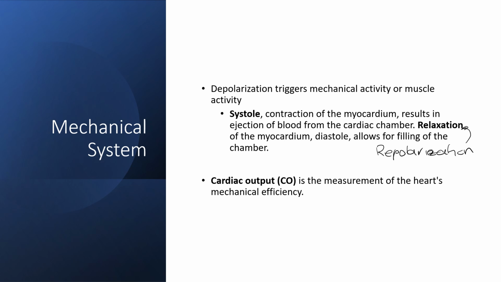Because remember, we're most concerned with the left ventricle, because the left ventricle is pumping blood to all of the organs, to the body, to the systems. So when we look at the heart's mechanical efficiency, we're zooming in on the mechanical function of the left ventricle.